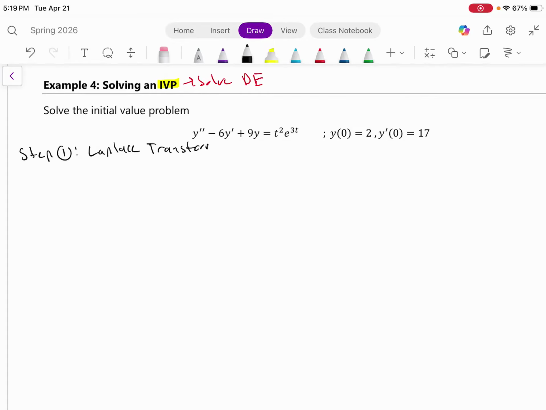This would be Laplacing both sides. So y double prime minus 6y prime plus 9y equals a Laplace of t squared e to the 3t.